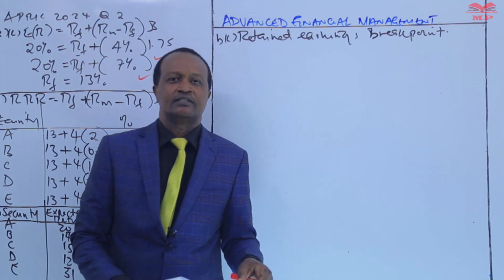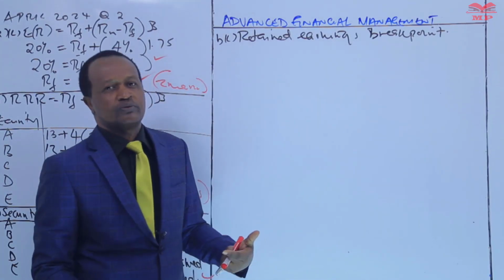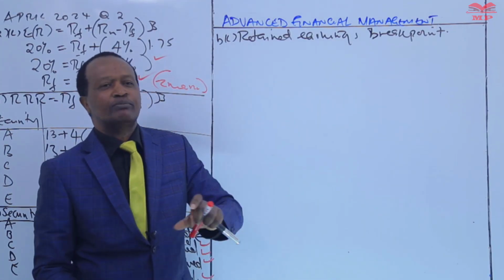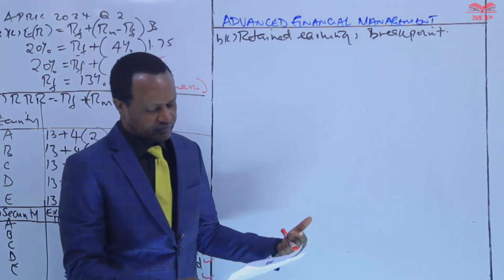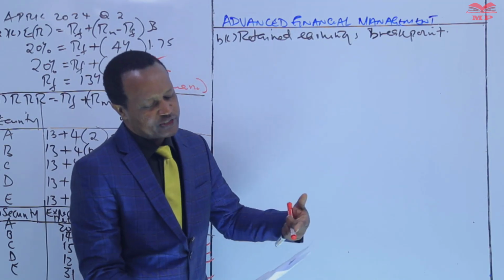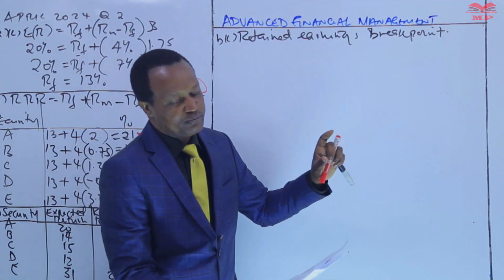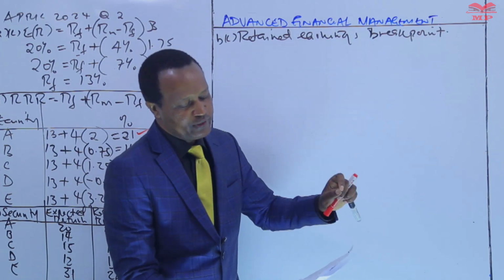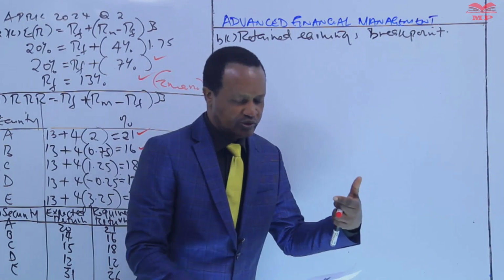And that can drive up the company's weighted average cost of capital, making it more expensive to raise money in the future. You see, in this case, the firm is considering raising 20 million for an expansion program, of which 2 million is expected to be raised from internal sources.